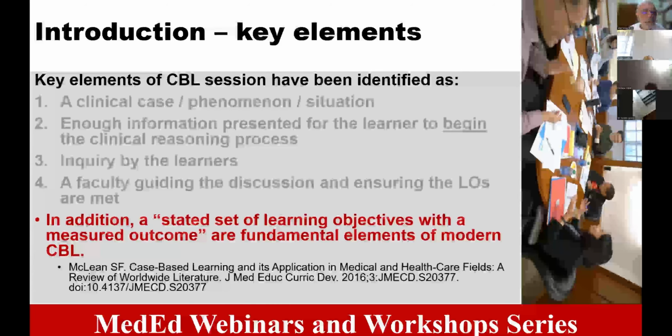And therefore, as we are talking about learning outcomes, the stated set of learning objectives with the measured outcome are fundamental elements of modern case-based learning. Every case-based learning must have its specific learning outcomes.